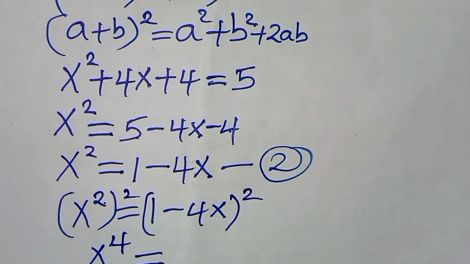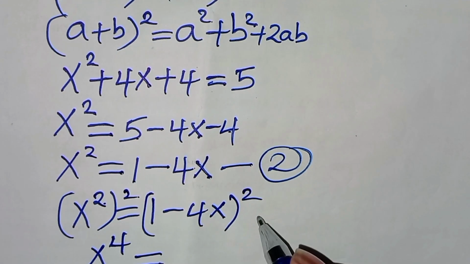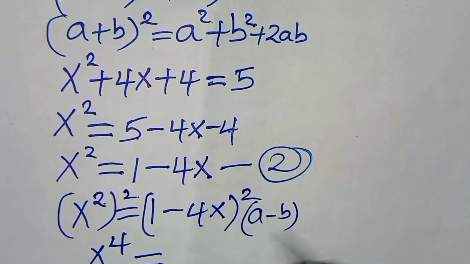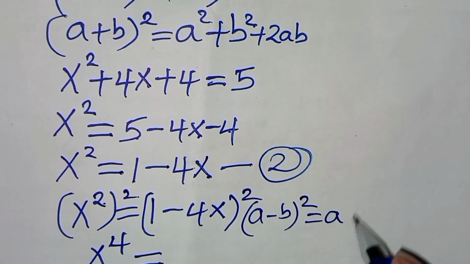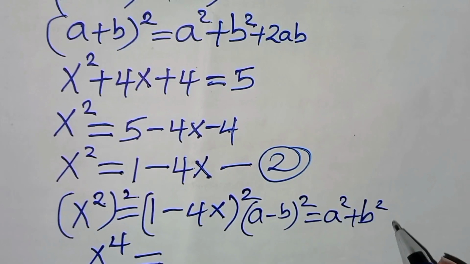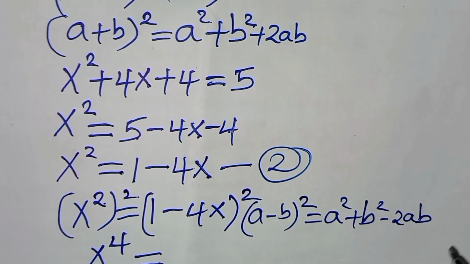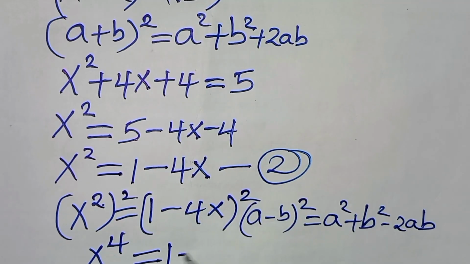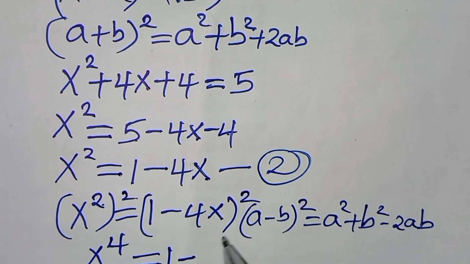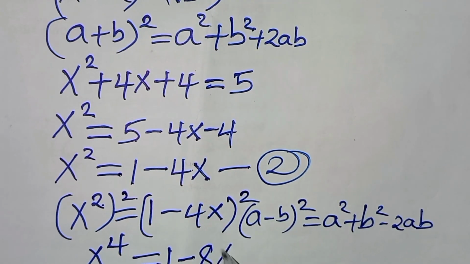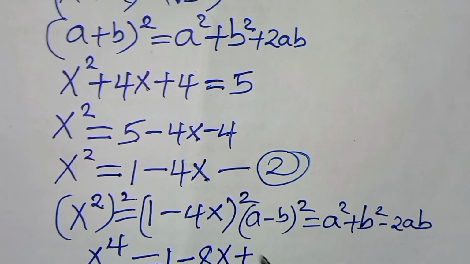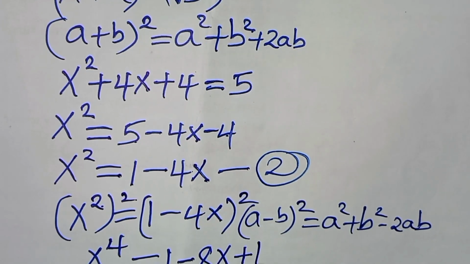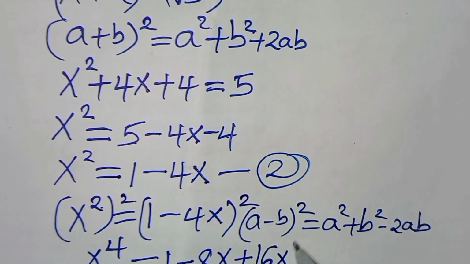This is in the form of a minus b squared, which you can express as a squared plus b squared subtract 2ab. Applying this algebraic identity, this is 1 squared, which is 1, subtract 2 times 4x, which is negative 8x, plus 4 squared, this is 16x to power 2.